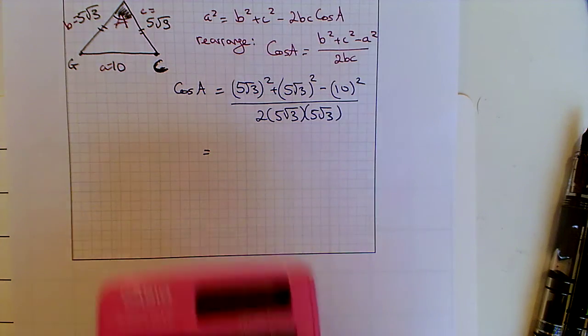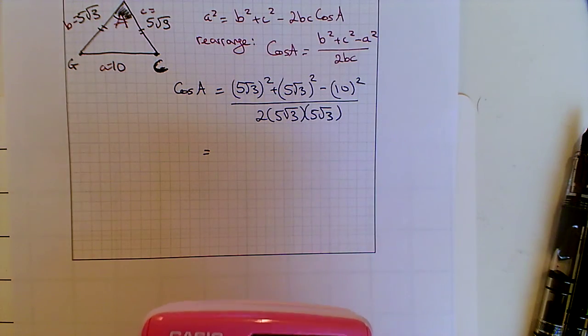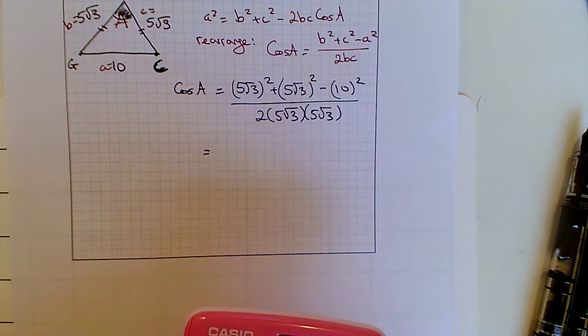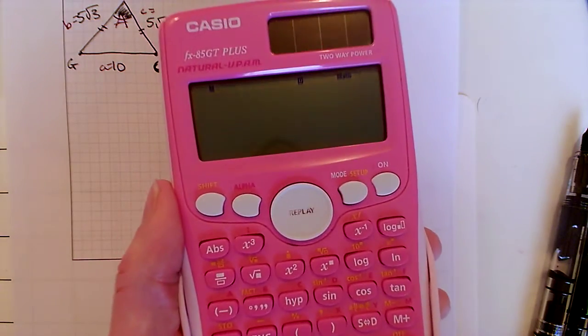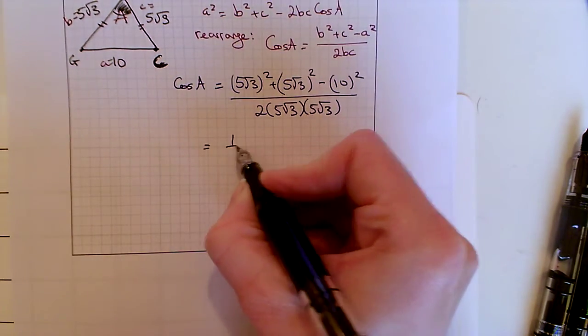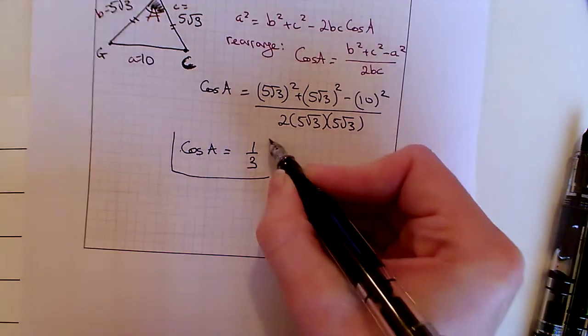You can fill it in straight away if you want to, by twice 5 root 3. And again, if you want to do some of the calculations before you type them into your calculator, that's fine as well. 5 root 3. Okay, so it's going to look something like that when you've typed it all into your calculator. And we get a third. And that's the answer. So cosine of that angle is a third.